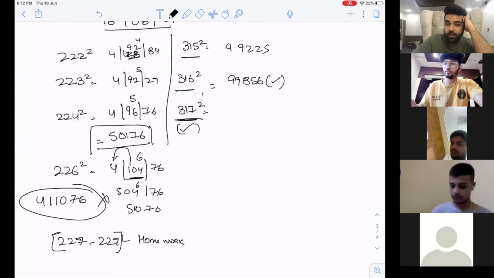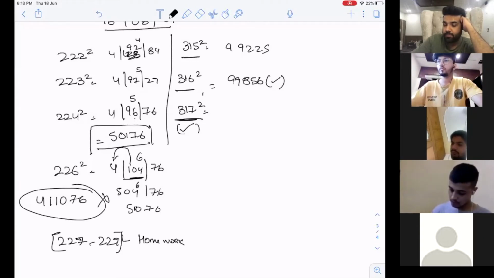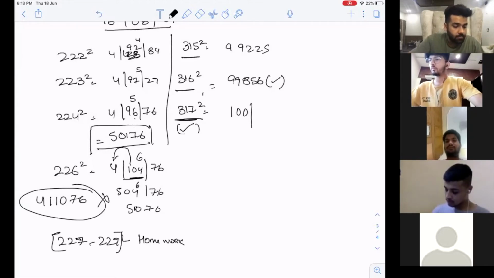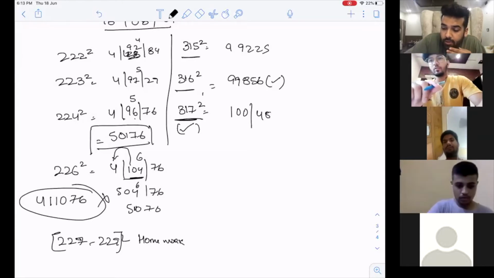Next, 317 square. 100489, that's your answer.